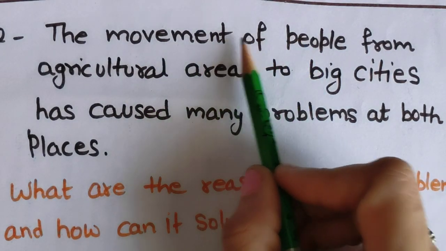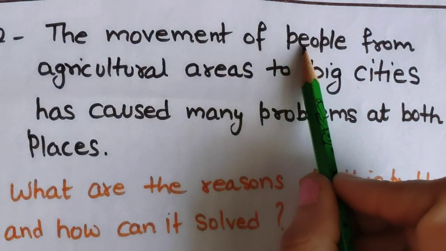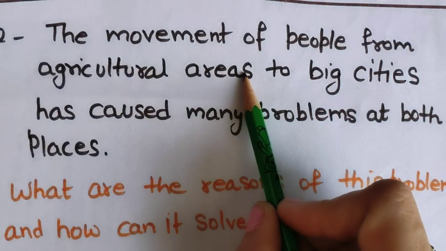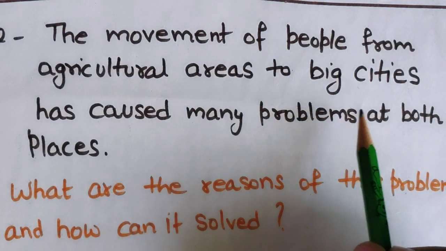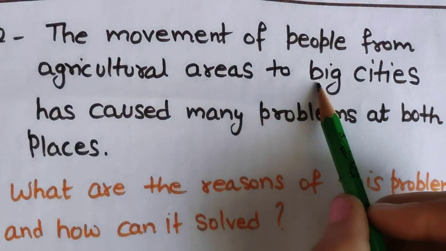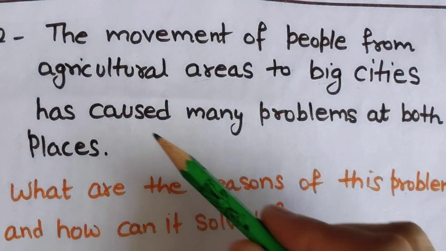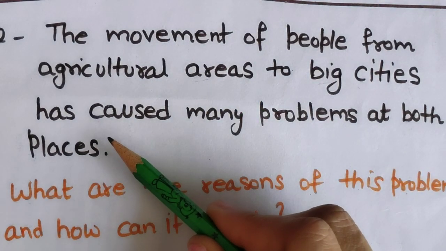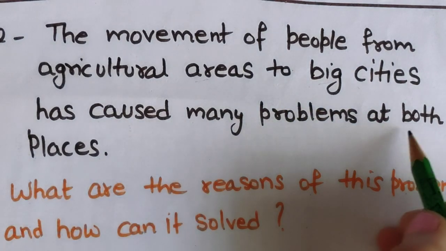They are saying migration of persons, individuals, citizens, people from rural areas to big cities has caused many problems at both places. It means the countryside as well as big cities are creating problems. So we will be discussing both, not only the big city problem, but many problems at both places.